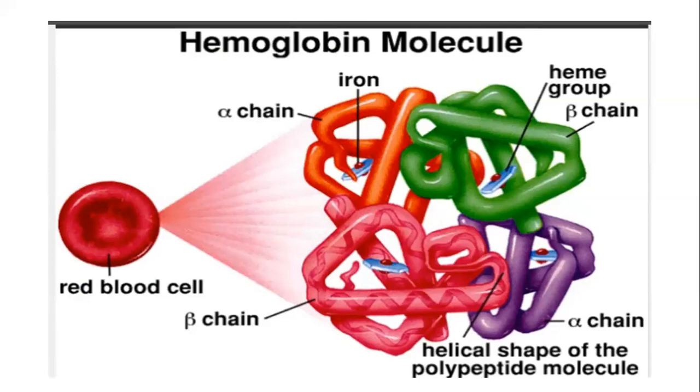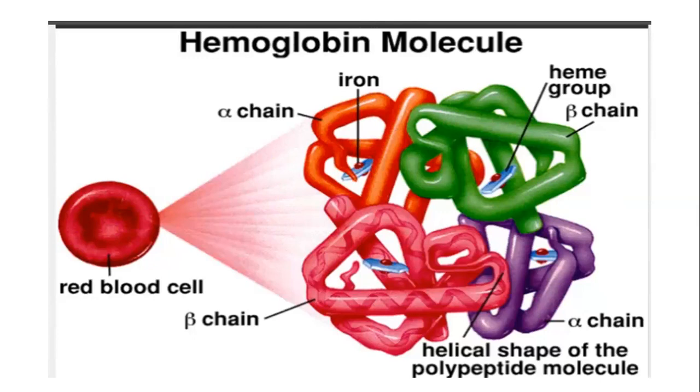When we see a red cell, the question is, what is in that red cell? Part of the contents in the red cell is hemoglobin. And hemoglobin is not just a small basic structure; it has chains in it. It has iron in it, and it also has something we call the heme group. And the chains are described as polypeptide chains.